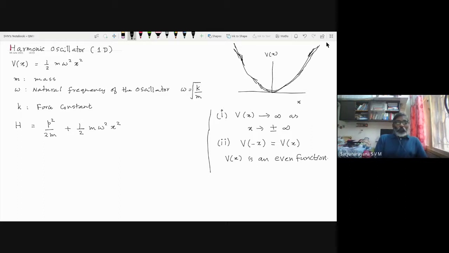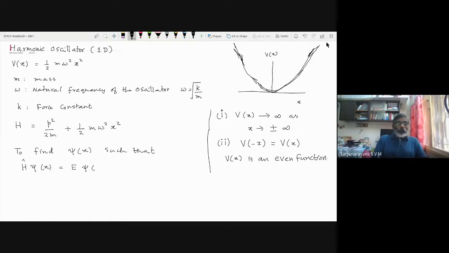Now, what is our aim? Our aim in any problem in quantum mechanics is to find psi of x such that H psi of x is equal to E psi of x.